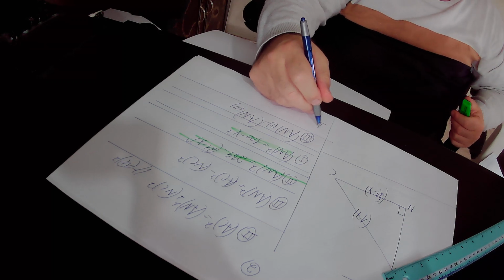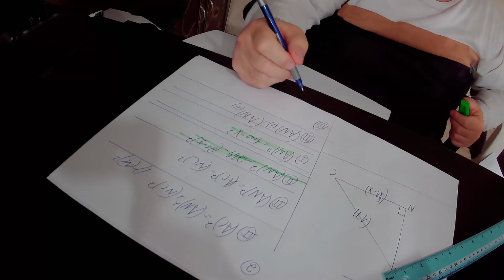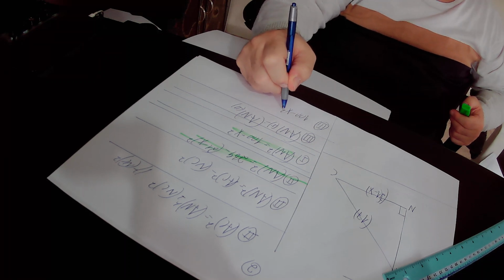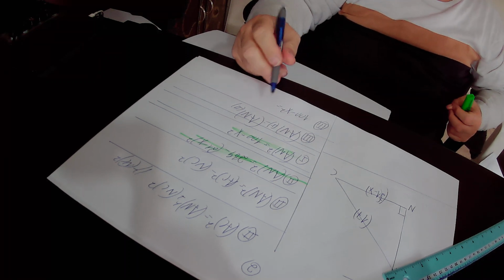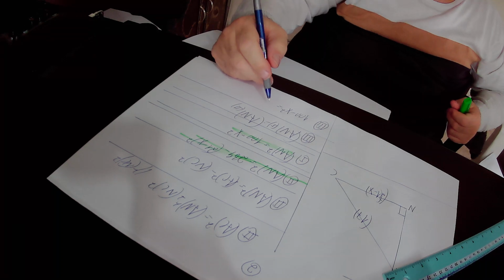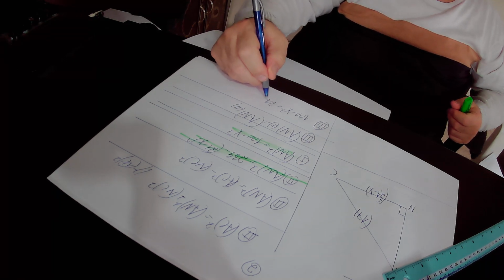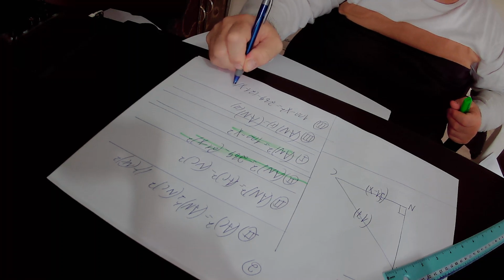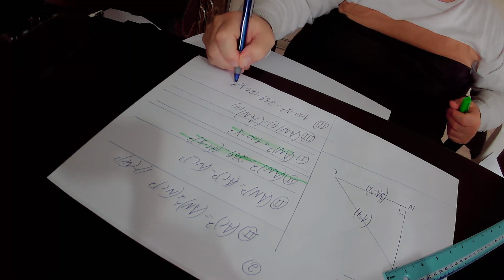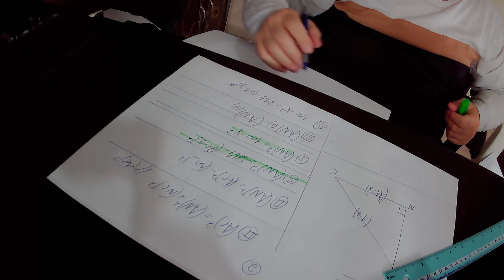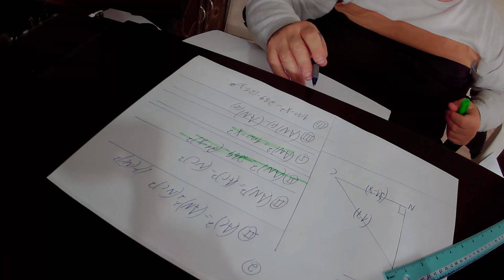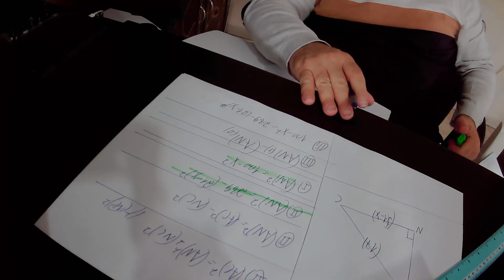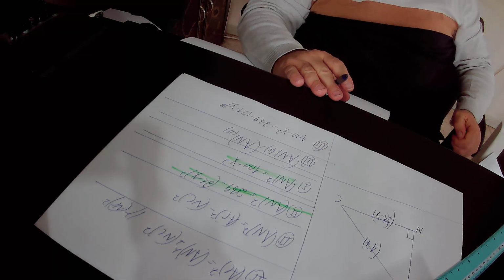So 100 minus x squared equals 289 minus (21 minus x) squared.